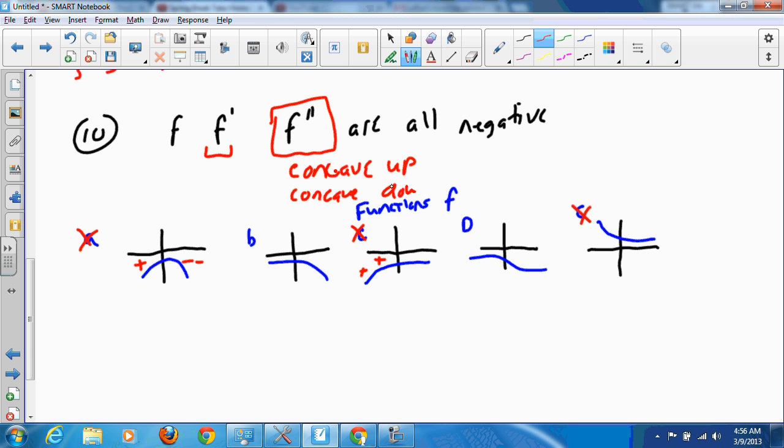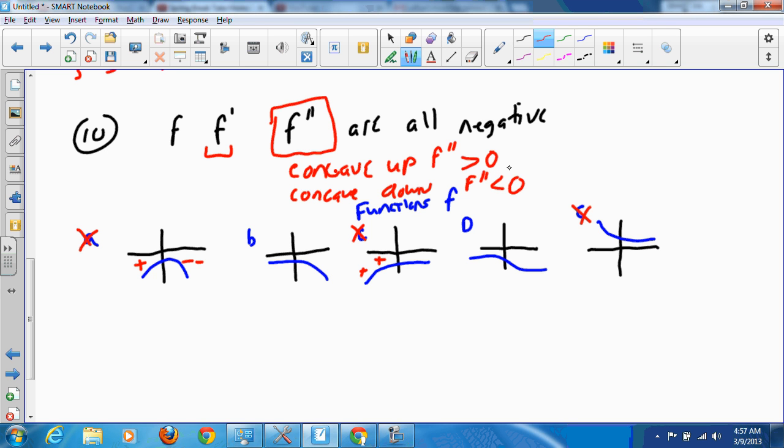Alright, so the simple test says that if the function is concave up, its second derivative is going to be positive, or in other words, greater than 0. And if it's concave down, the second derivative is less than 0. And when it's equal to 0, it's a potential inflection point.